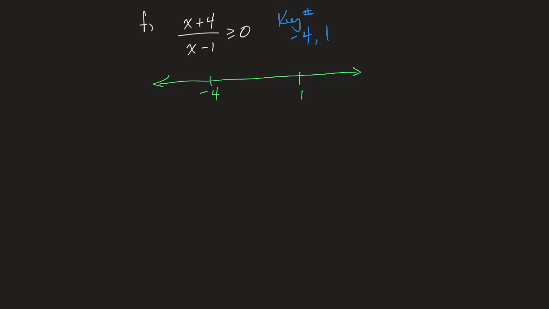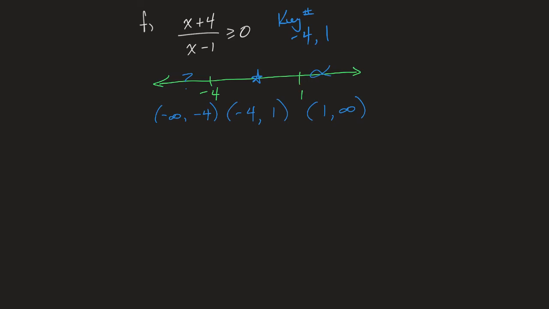Here in this first interval, I'll put a question mark, is going to be the interval of -infinity up to -4. In my next interval, where I'm going to put a star, is from -4 up until 1. And then in my last interval, where I put my alpha symbol, I have 1 and greater.